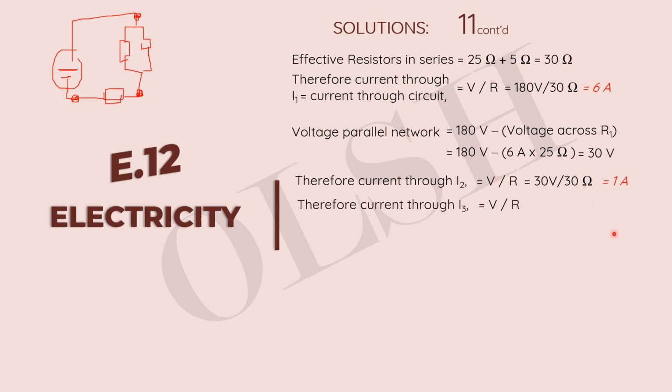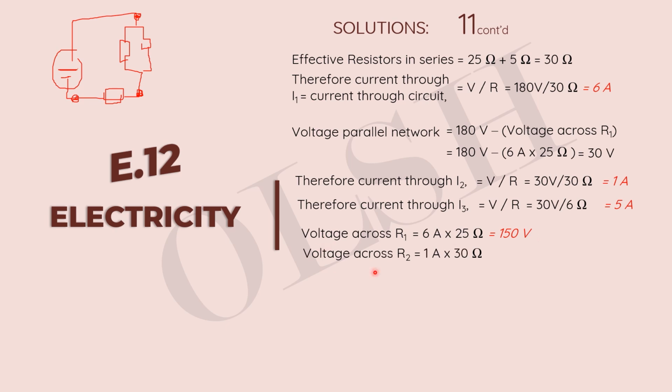Then current through I3 will be the same thing, V over R, 30 volts divided by its resistance, which is 6 ohms, and that will give us 5 amps. So voltage across R1, which we have found here, which is 6 times 25, will be 150 volts.